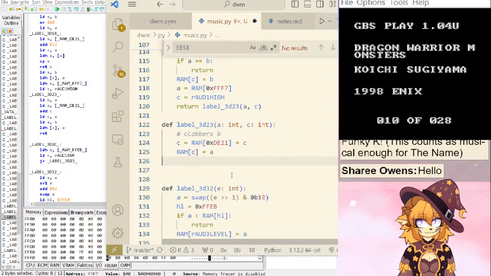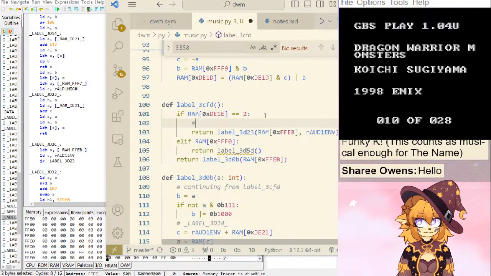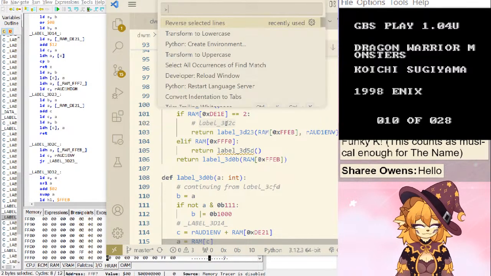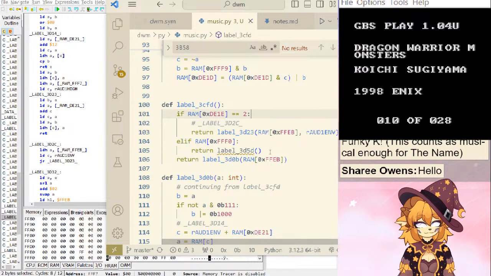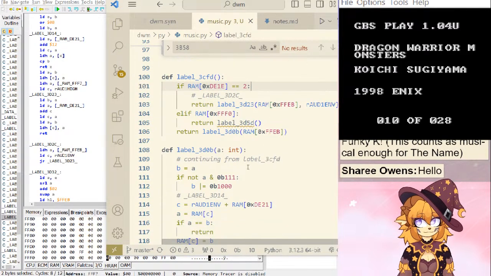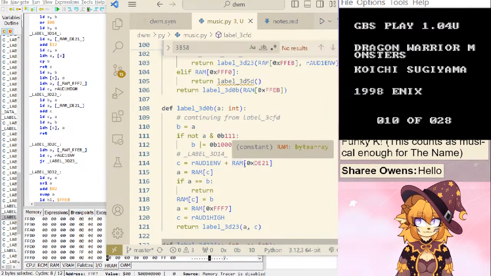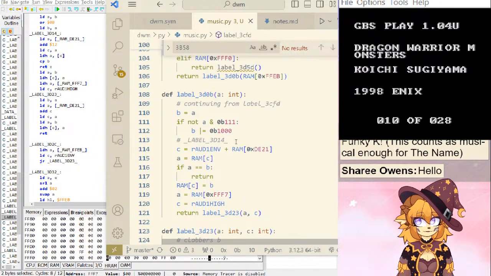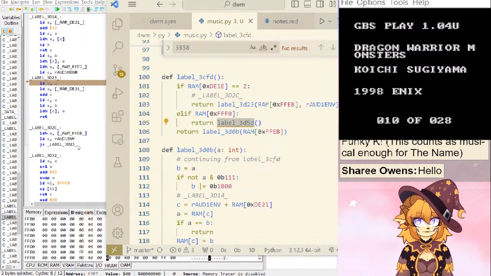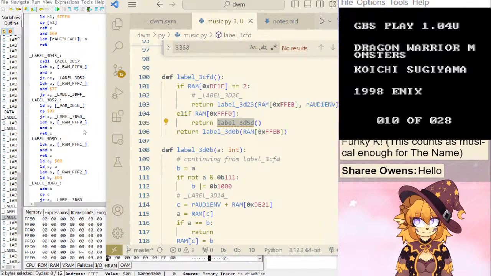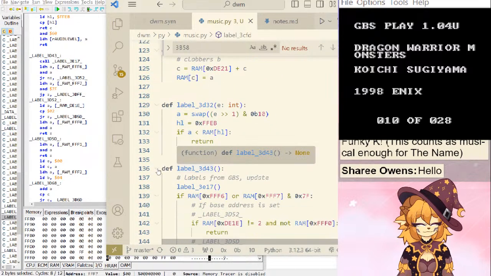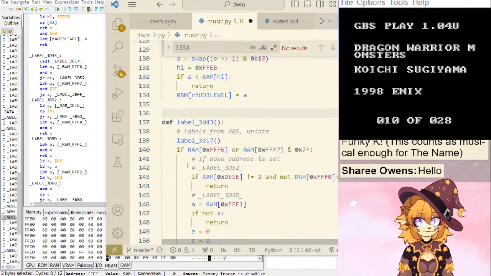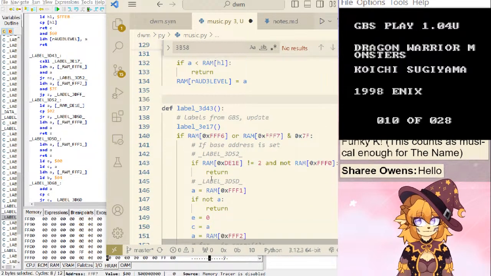So I need that. 3D, 5D. Sure we should start at 3D43. Oh, we do.